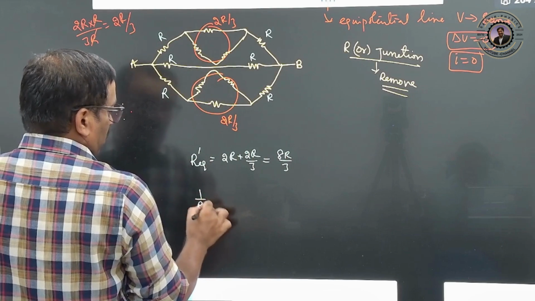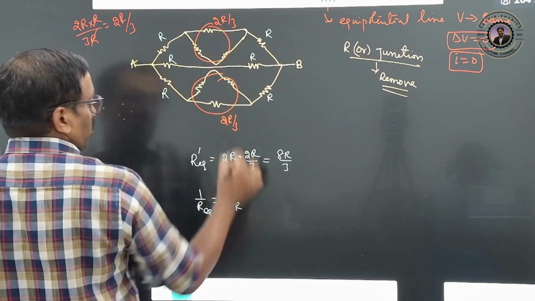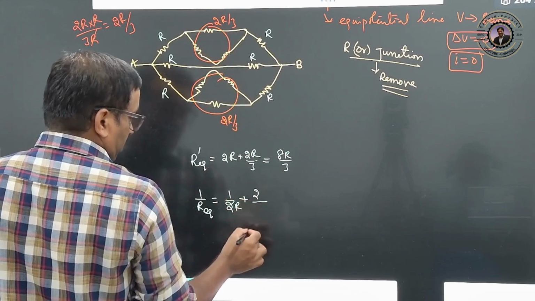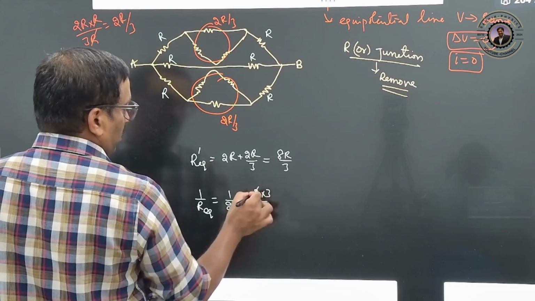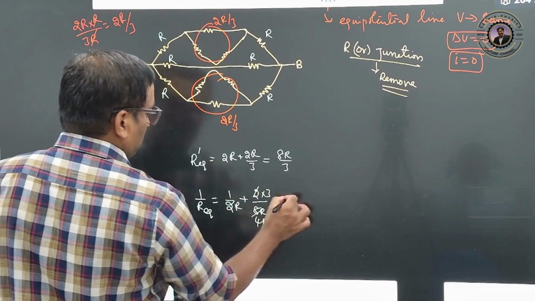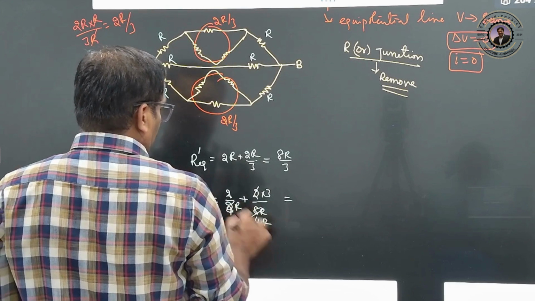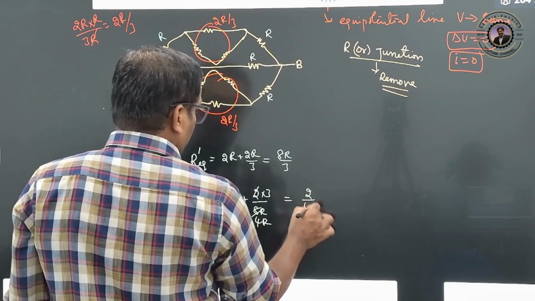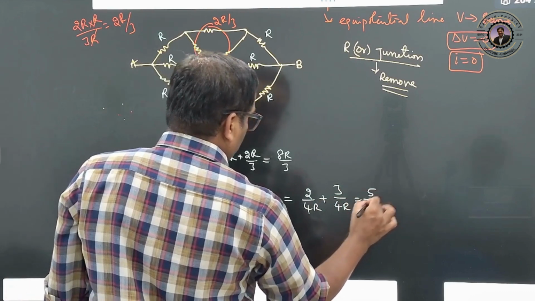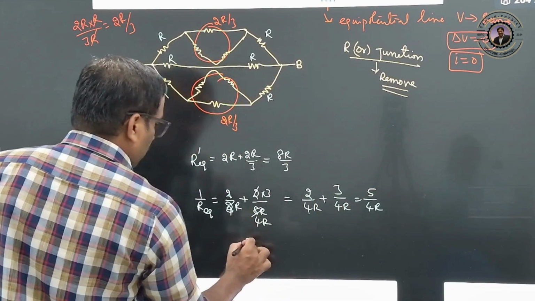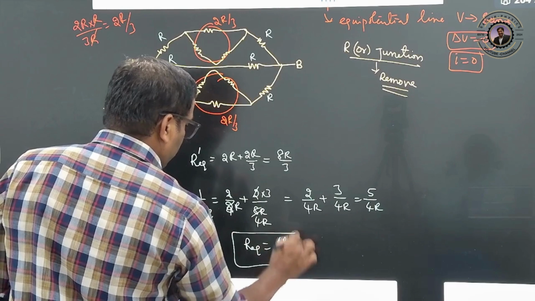Therefore 1 by R equivalent is 1 by 2R plus 3 by 8R, which is 2 by 4R plus 3 by 4R, that is 5 by 4R. Therefore R equivalent is 4R by 5. It will be your answer.